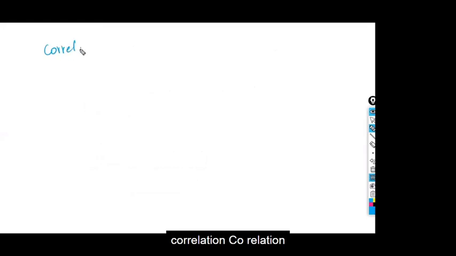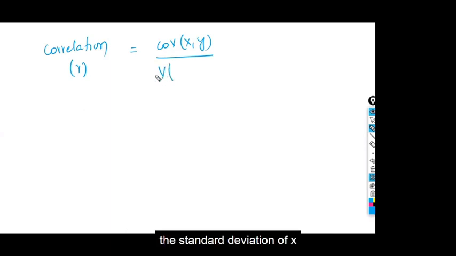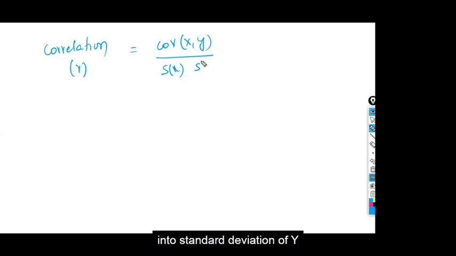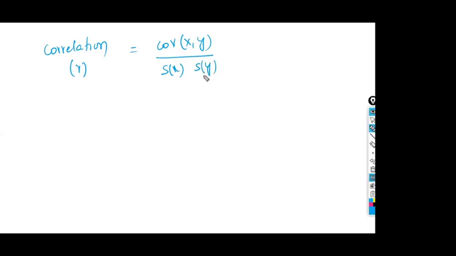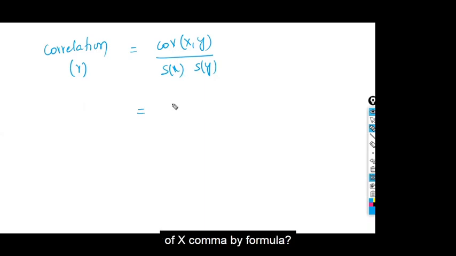Correlation, which is nothing but r, is equal to covariance of x comma y divided by standard deviation of x into standard deviation of y. Now, what is the covariance of x comma y formula?